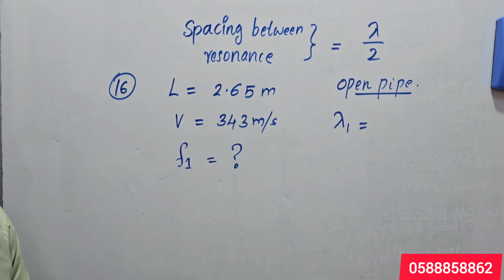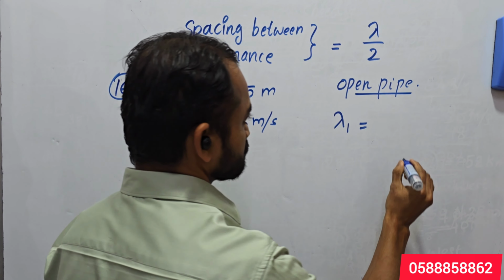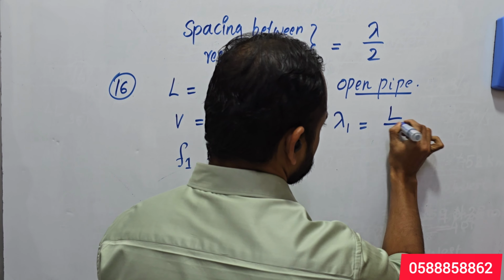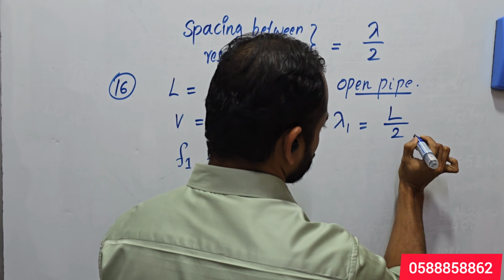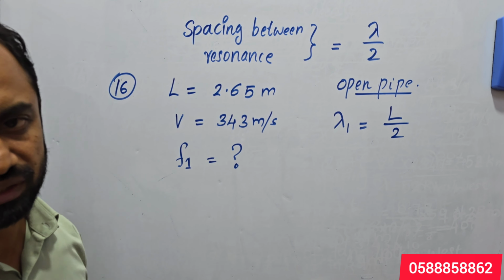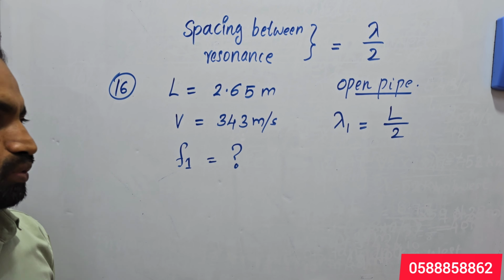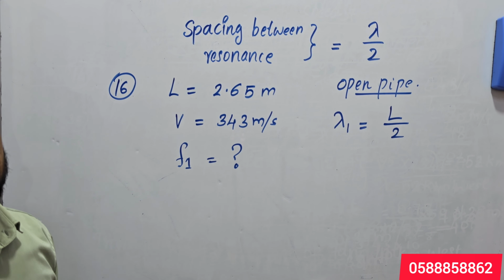The wavelength of the first resonance or first harmonic, that is L divided by 2, right? L by 2. Lambda is equal to L by 2. Correct, students?